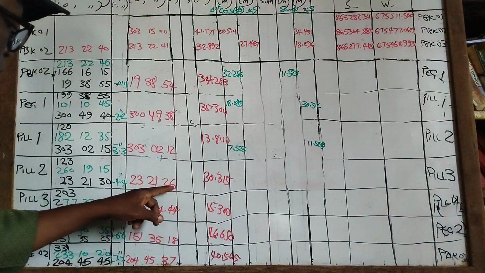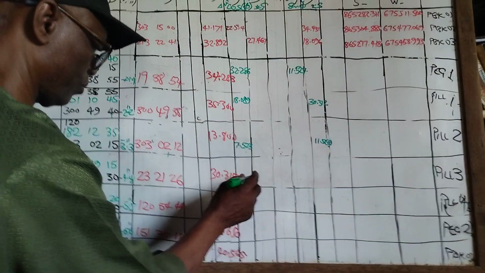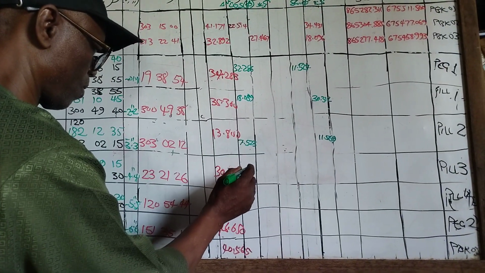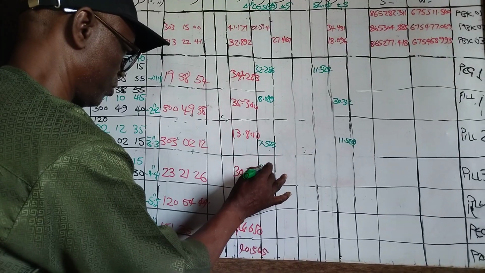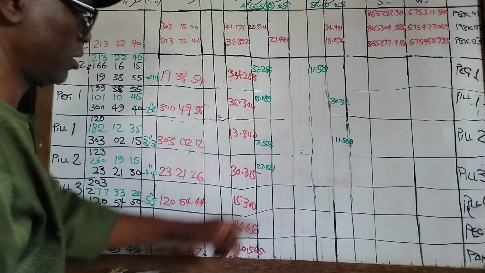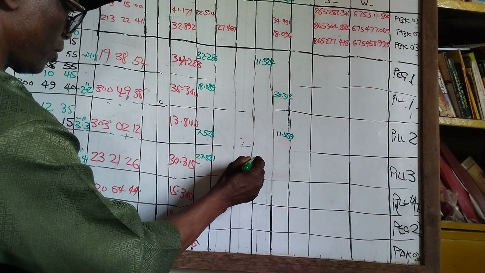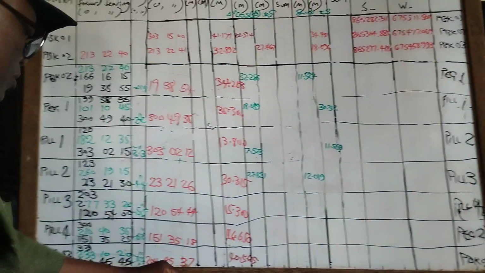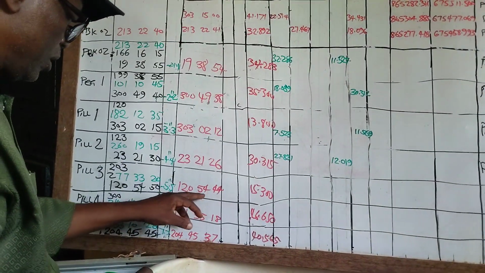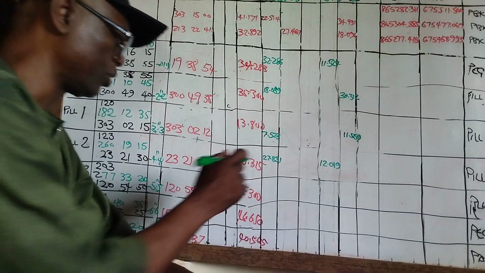23 degrees 21 26 to 30.315. 27.831 plus. The next one, 12.019 plus. Go to the next line. 120 degrees 44 to 15.300.